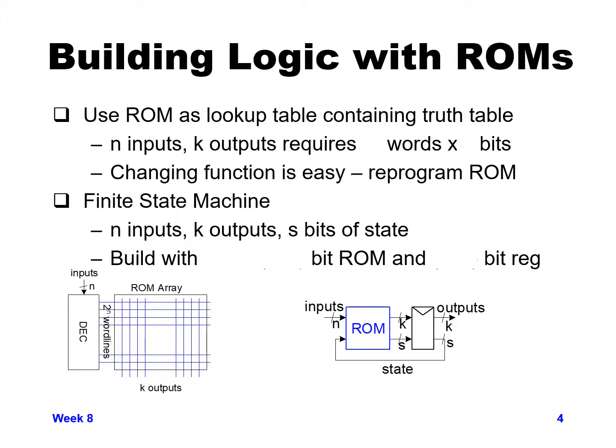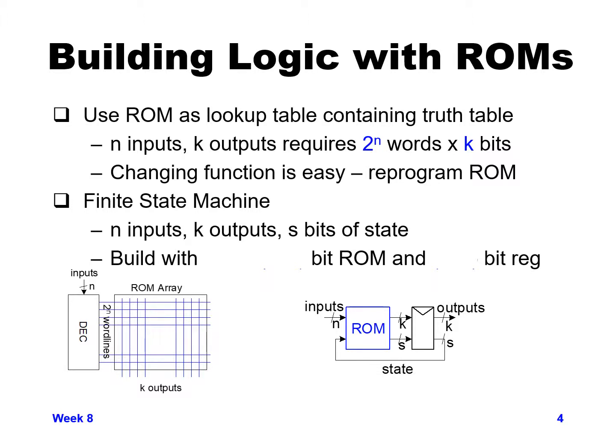If you have n inputs available and you want k outputs, we send those n inputs, as shown in the lower left-hand side, into a decoder to decode into 2 to the n word lines, or 2 to the n words. And then if we want k outputs, we need k bits, so we have a ROM array that's 2 to the n rows and k columns.